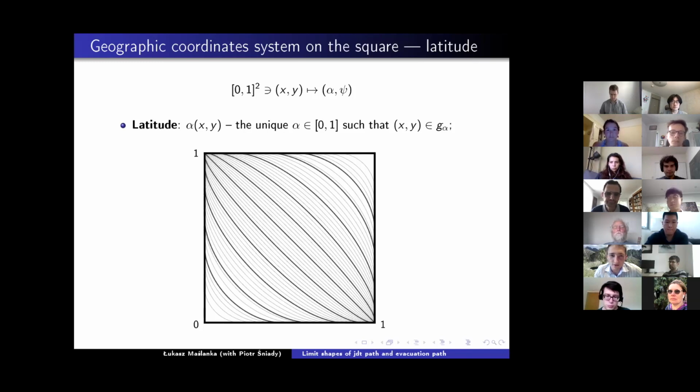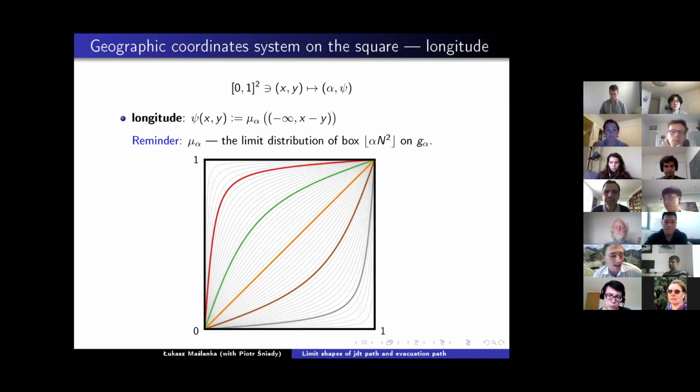The second coordinate, denoted by psi, is the longitude, which is calculated as the cumulative distribution function of the limit distribution found by Pittel and Romik in the U coordinate of the point. And we will call the set of points with the same longitude a meridian.